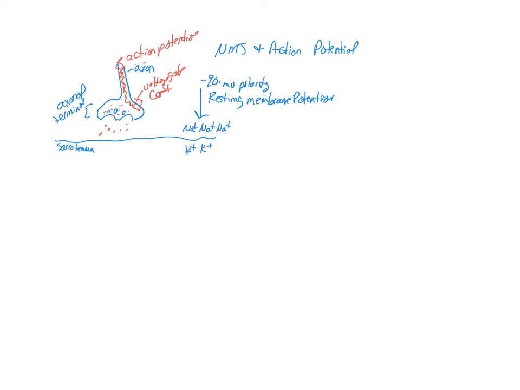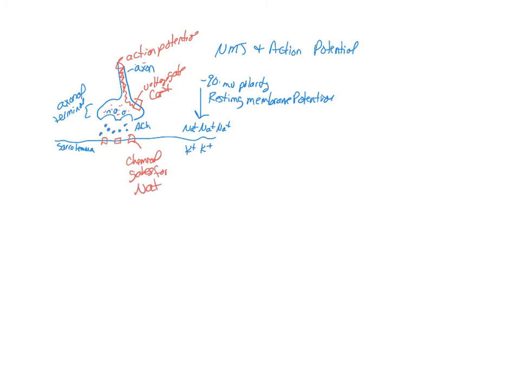I was doing that in blue, I guess I should be consistent. In blue, acetylcholine neurotransmitter. Now here, in red, I'm going to show that I've got chemical gates for sodium.